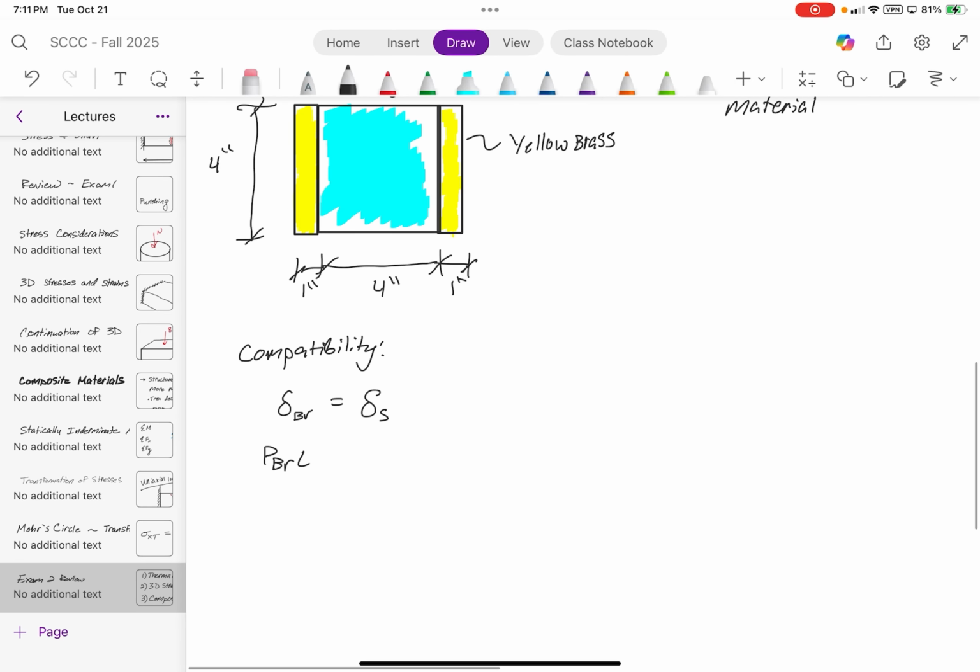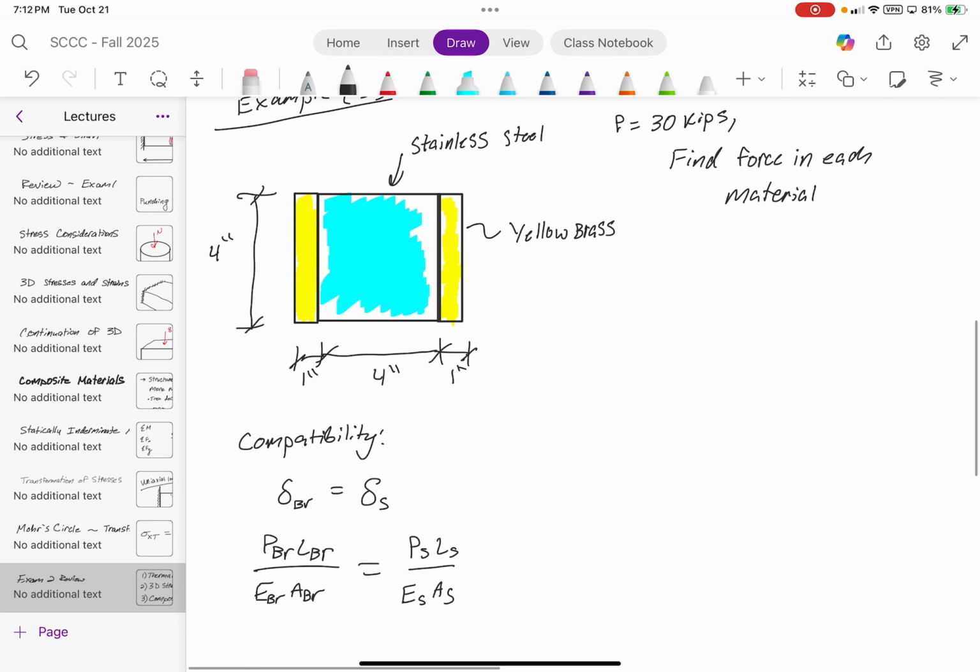We expand this to be the force in the brass times the length of the brass divided by the elastic modulus of the brass times the area of the brass, equal to the same thing but for the steel. The lengths of the brass and the steel, because they are unspecified in this problem, will cancel because it is assumed that throughout the entire height of the column, the length of each material is constant.